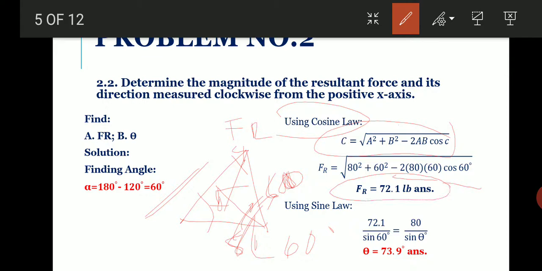So we got the answer 72.5 pounds. And using the sine law, 72.5 over sine 60 equals 80 over sine theta, the 80 being opposite to angle theta. So we got theta as 73.9.